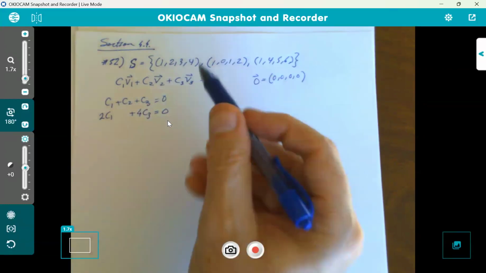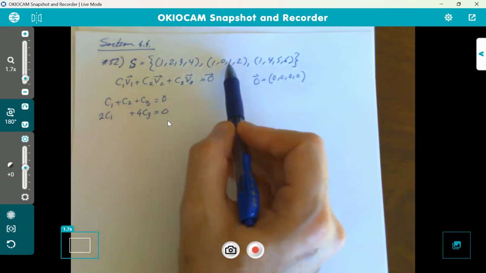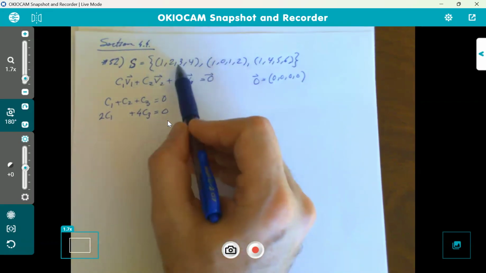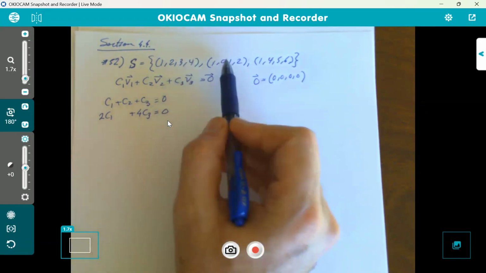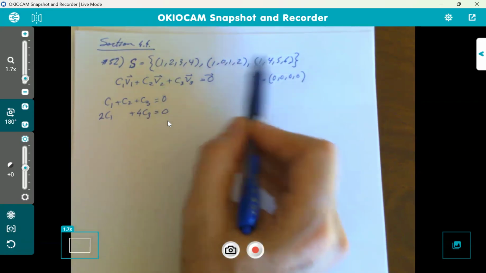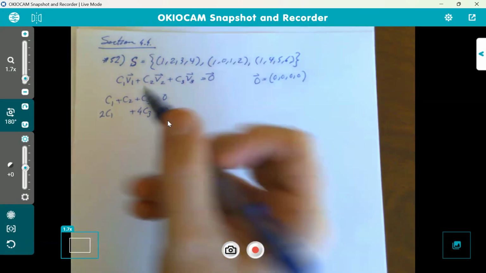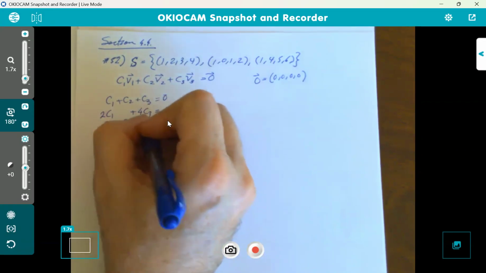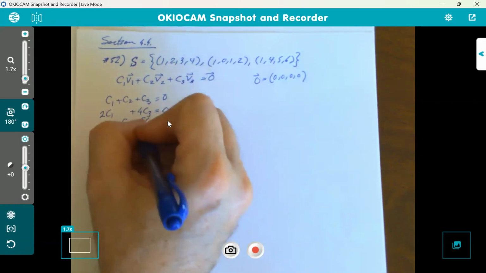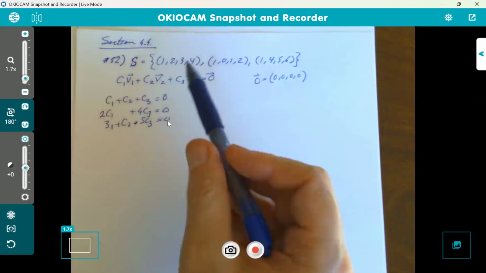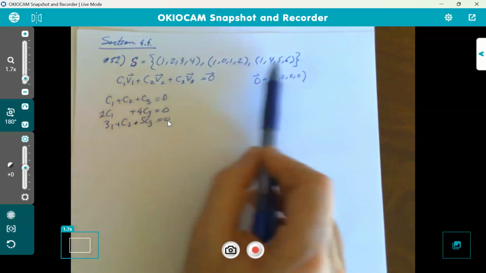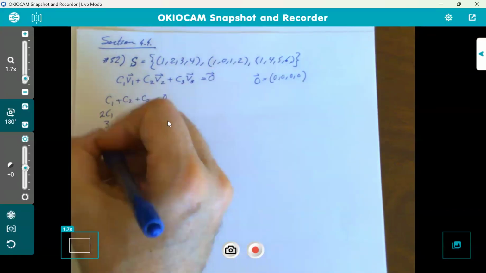The next one: 3C1 plus C2 plus 5C3 equals 0. And finally, the last one is 4C1, 2C2, 6C3.